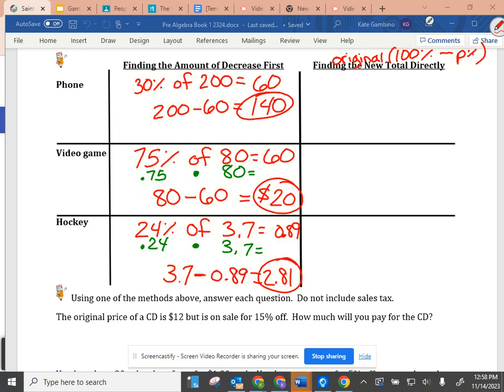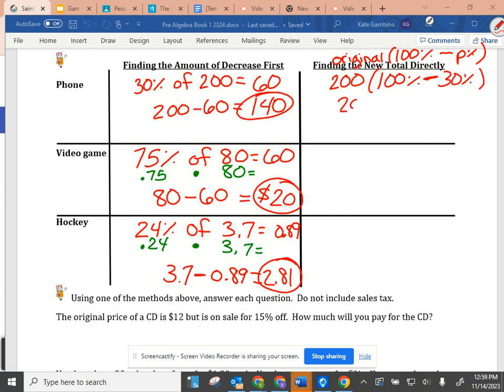So if we look at our phone, what was the original amount of minutes? Will? 200 minutes times that 100% minus, we want to decrease it by 30%.